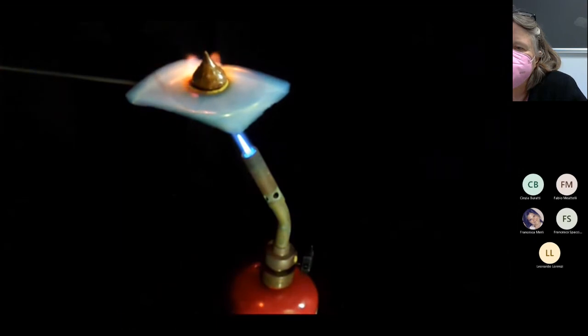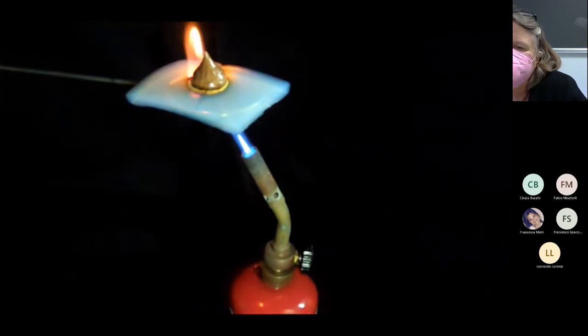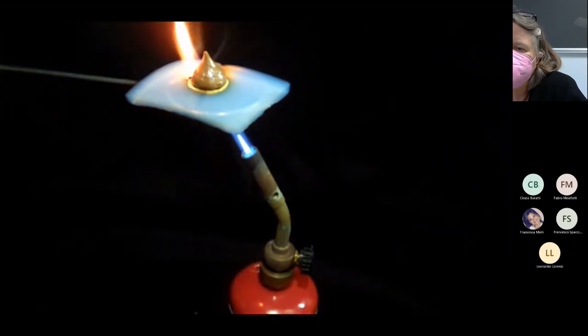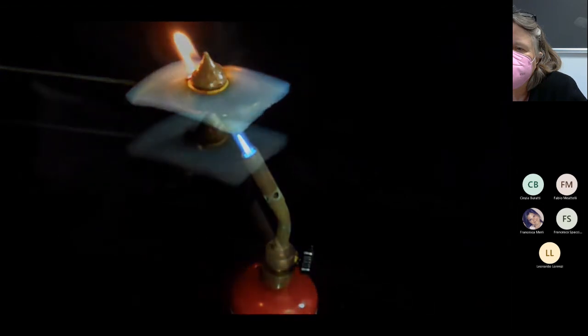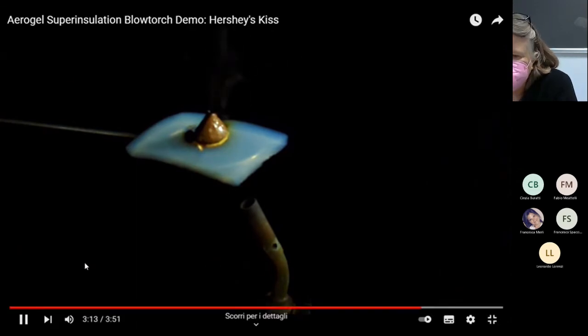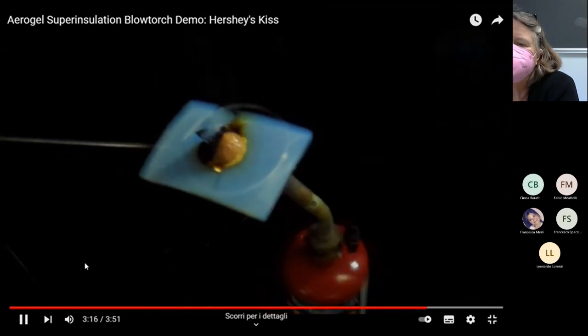So now they burn it. Okay, I'm going to show it burned through.